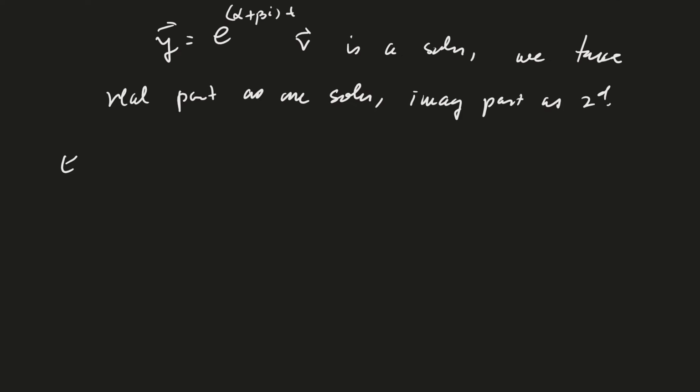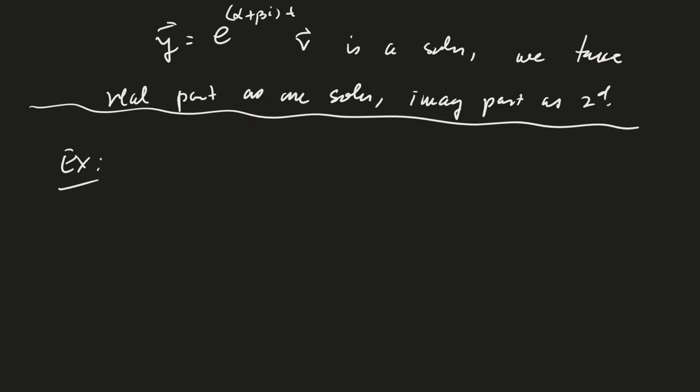Example: suppose we have y prime is equal to the matrix minus 2, 1, minus 1, minus 2, times y.